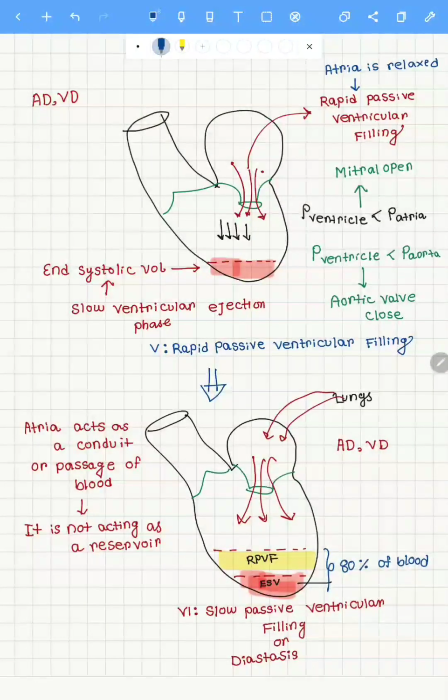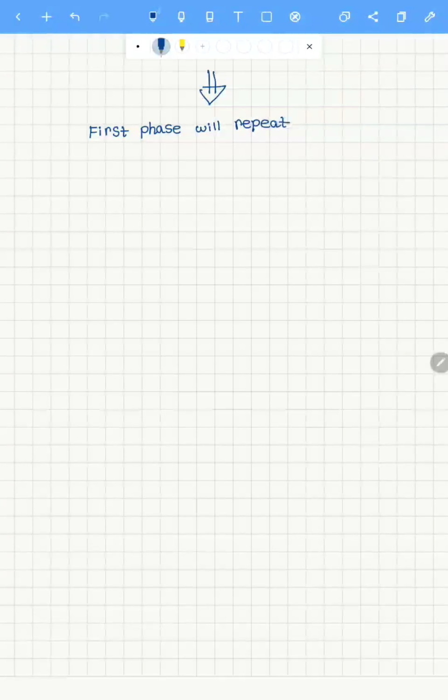After that, the first step will repeat again, and the cardiac cycle will go on and on and on. So let me write: after this phase, first phase will repeat, cycle will go on and on.